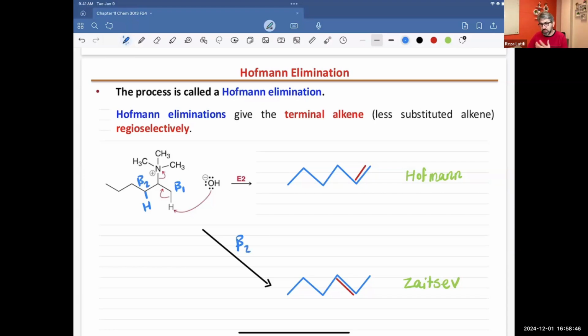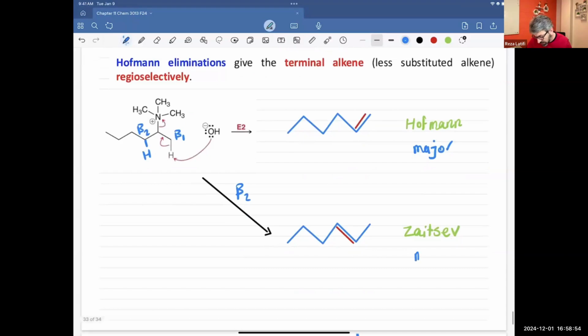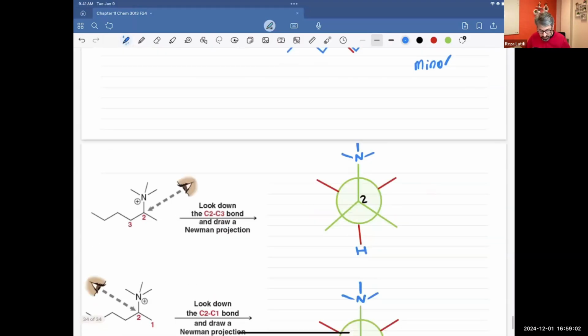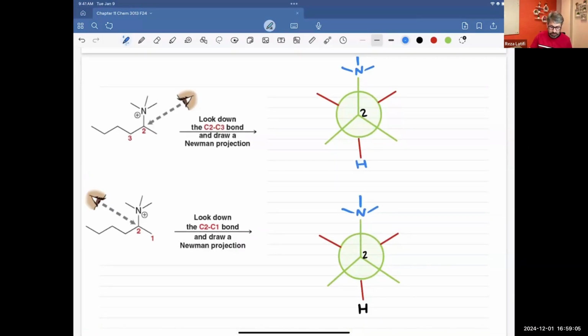We know Zaitsev product is more stable than Hofmann, but Hofmann is going to be the major product. This one will be the minor product. I want to know why the Hofmann product is going to be the major one. So let's look at the difference between those two hydrogens that I labeled.